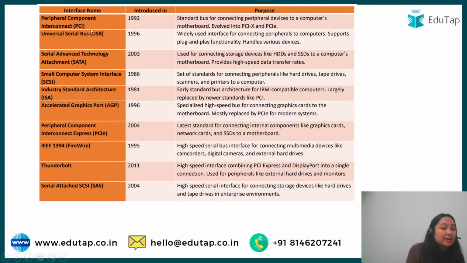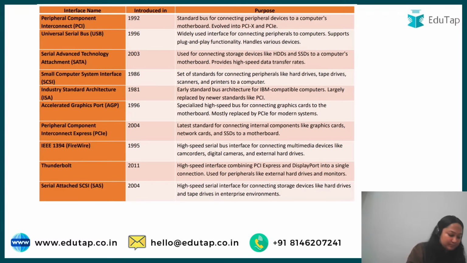PCI was the early standard bus for connecting peripheral devices, your mouse, your keyboard, these types of devices, to the computer's motherboard. Then it was replaced by PCIe. Again graphics card, network, everything, if you are connecting it to the motherboard, it is done through PCIe.